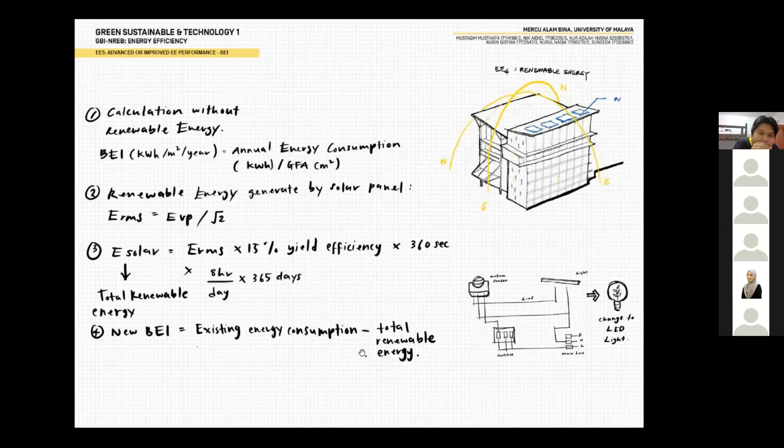So I will be doing the calculation for BI. Right now I'm still trying to get the annual energy consumption of Alam Bina for this year, which I haven't gotten yet. And then we are still discussing, like Nurin said, the photovoltaic panels.